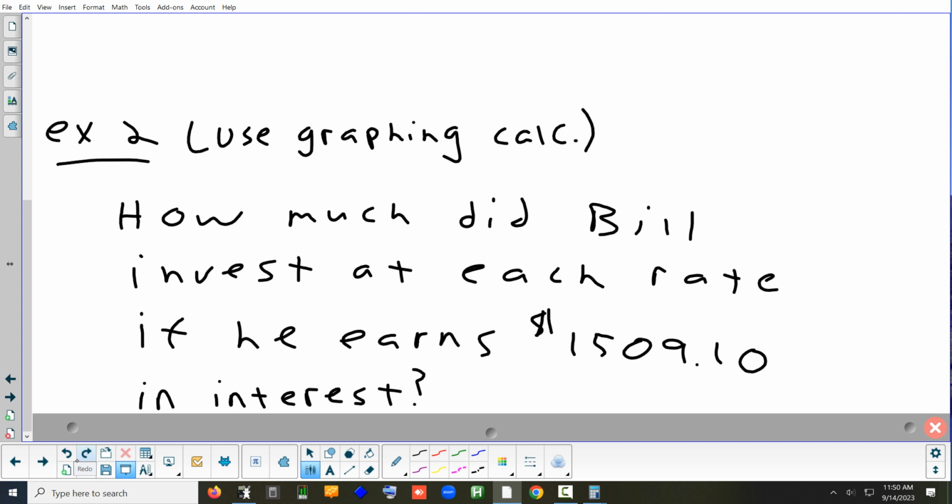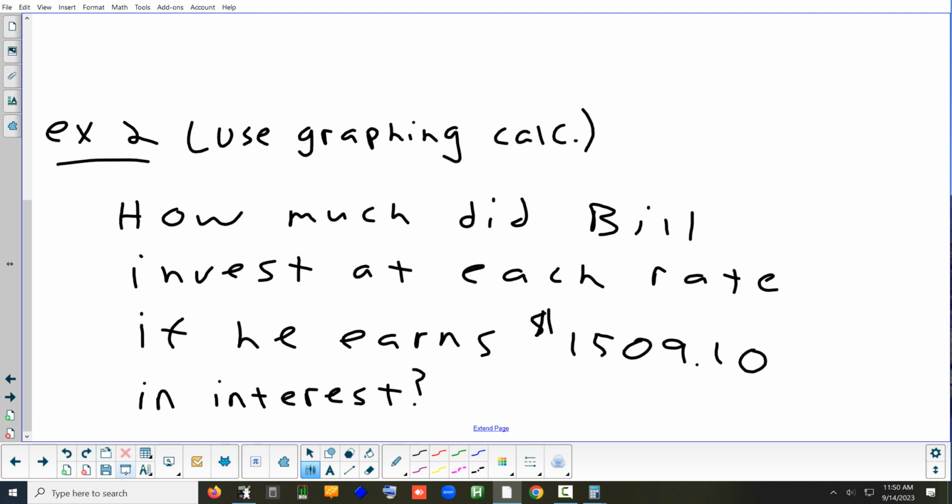So now I'm going to tell you from that last one that Bill earned $1,509.10 in interest. That was the total. How much did he put in each account? Well, if they're giving me a number that involves the total interest he made, I need that formula that we just came up with.